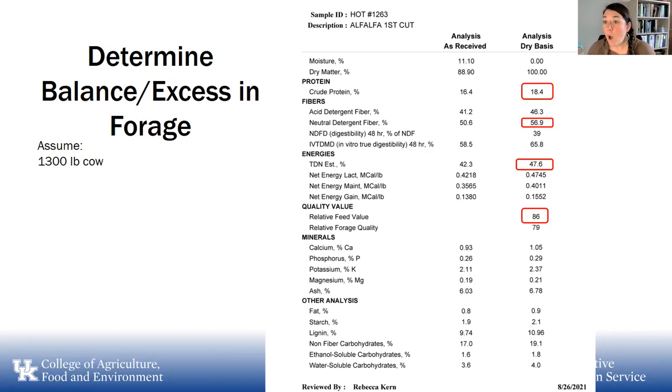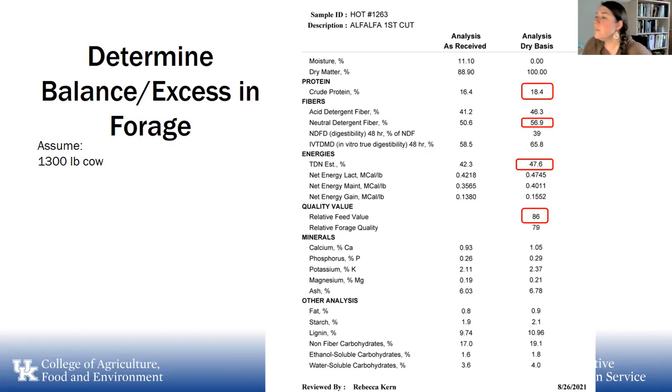Hopefully we've had a great year to stockpile. If you've got stockpile, that's even better. But use your lower quality hay first, feed your good quality hay to your cows that are lactating, and then you can supplement from there. That's going to lessen your cost overall. And if you do have that stockpile, utilize it to the best of your advantage, because that is better quality than any kind of hay we can get.